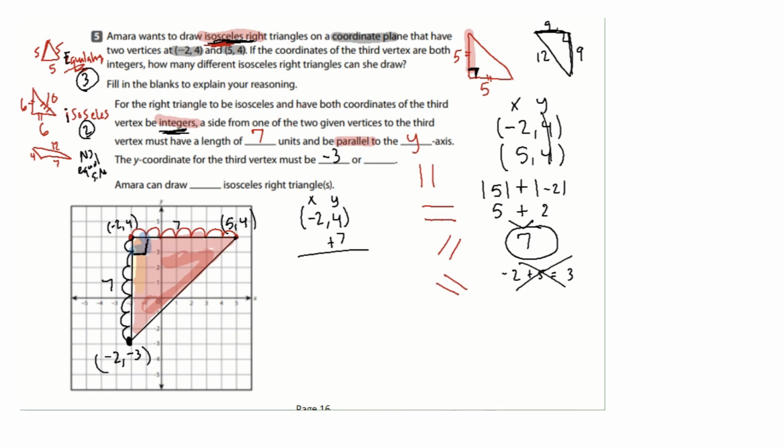So it'll be 11 for my y-coordinate, and -2. So that would be the other vertex there, -2, 11. So my y-coordinate needs to be -3 or 11. So this is one triangle that I can make.